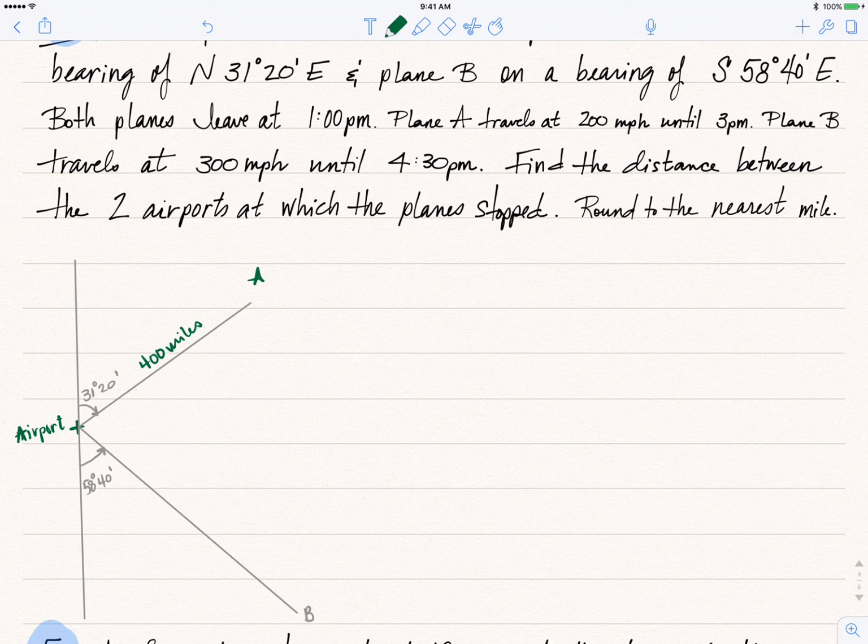Plane B, again, left at 1 o'clock, travels at 300 miles an hour until 4:30. So this particular pilot went for, let's see, 3.5 hours at 300 miles an hour. So that's 1,050 miles.